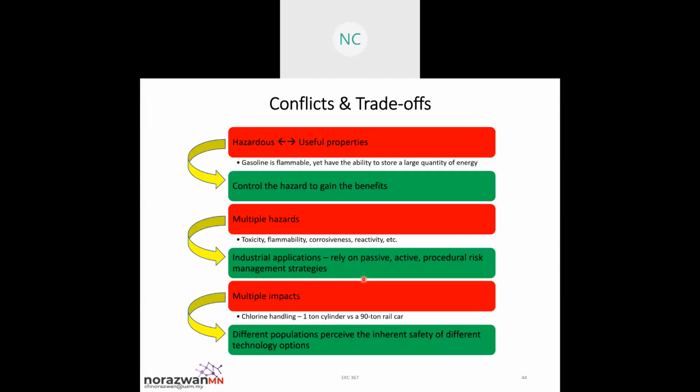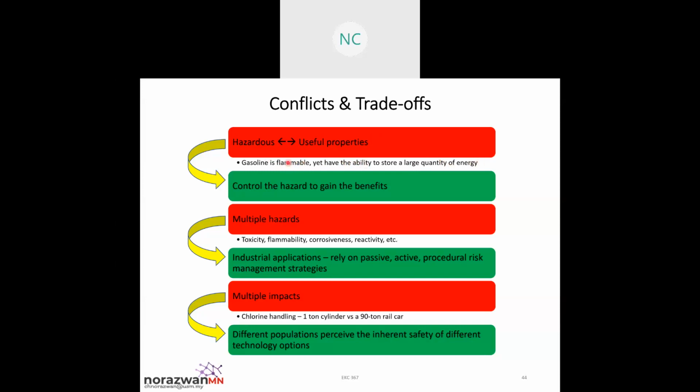So basically there is a conflict and trade-off during your ISD. Some material is hazardous, but it is also useful for that purpose. For example, gasoline is flammable, but it has the ability to store a large quantity of energy.